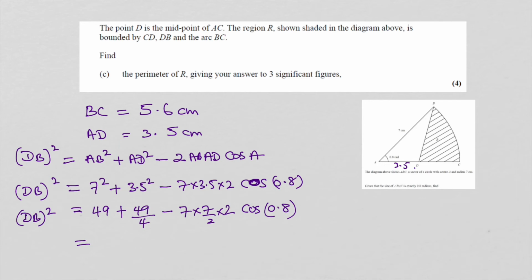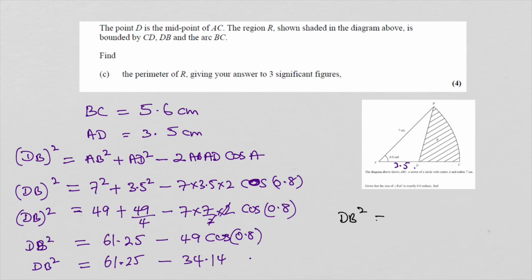So DB squared equals 49 plus 49 over 4, which is 12.25, plus 49, that would be 61.25, minus 49 cos 0.8, which is 34.14.